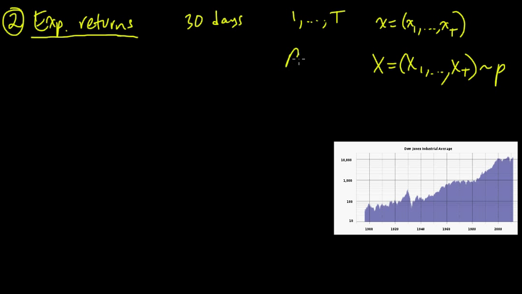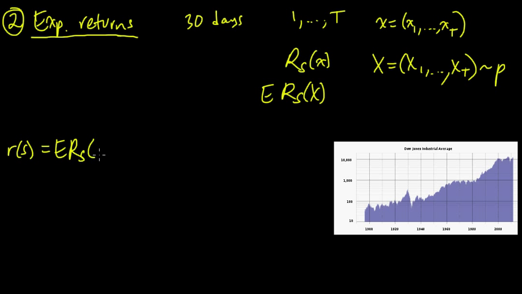You would like to know the expected return. So you want to compute the expected value of the return of the strategy S. Let's call that little r of S, the expected return of strategy S.